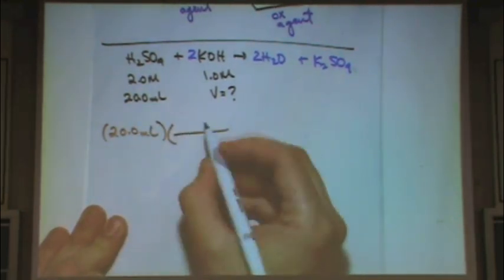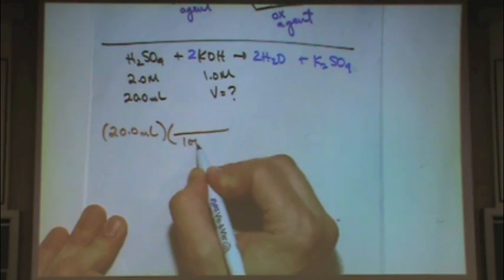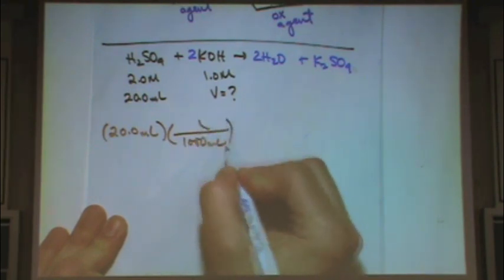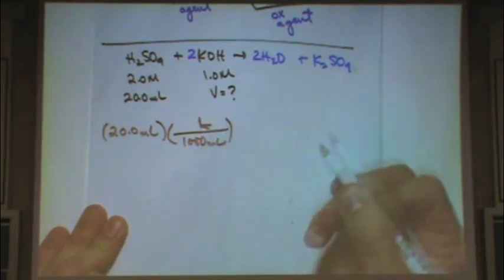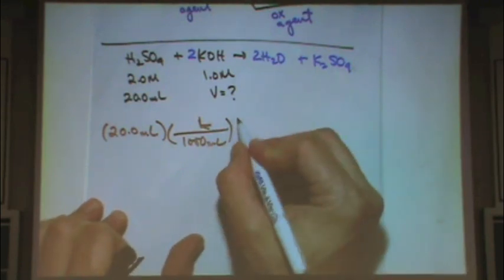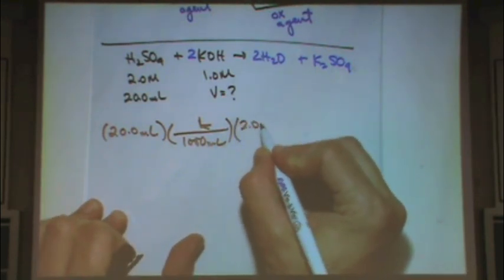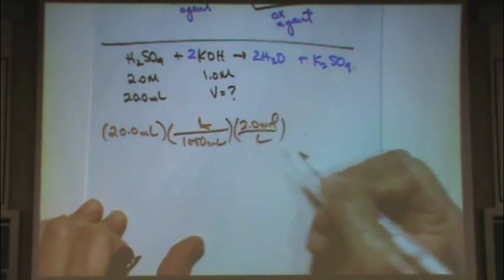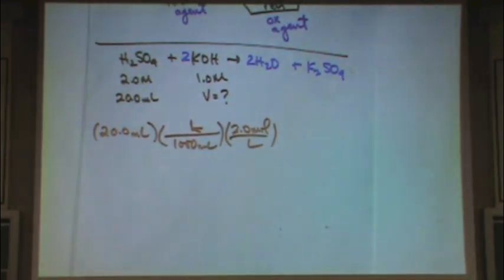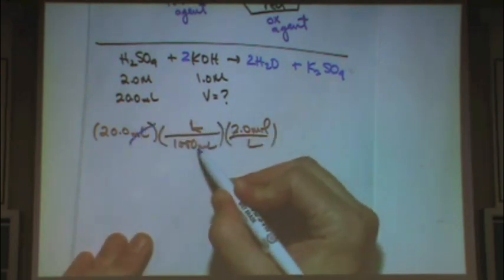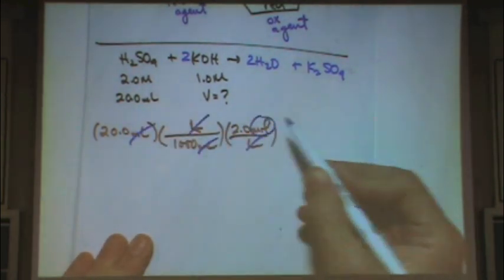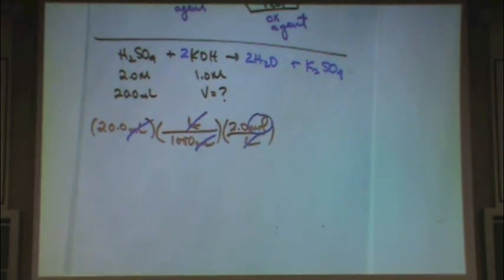I typically like to change this to liters first, so we got 1,000 milliliters on the bottom for 1 liter on the top. So now it's in liters, and now I have to multiply by the 2 molar, which is moles per liter. So that accomplishes my step 1, which is convert to moles. And the reason that happened is because milliliters are gone and liters are gone. I'm left with moles.